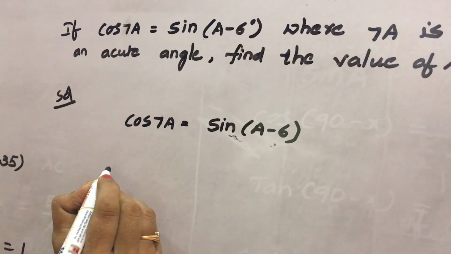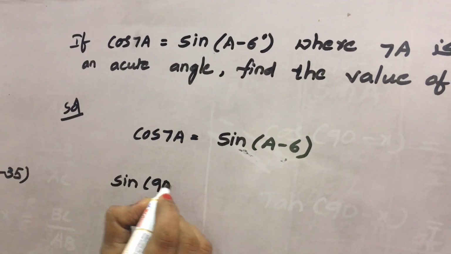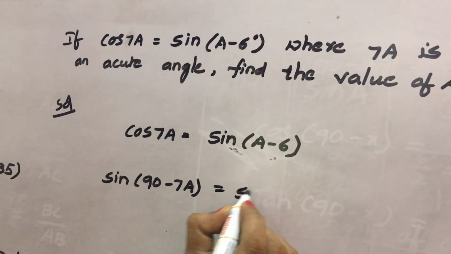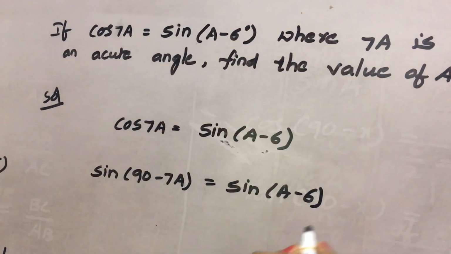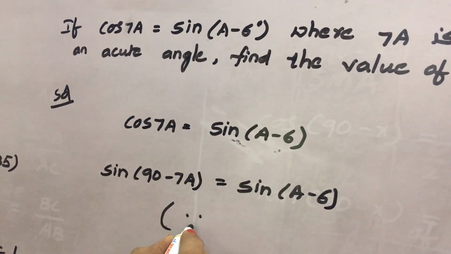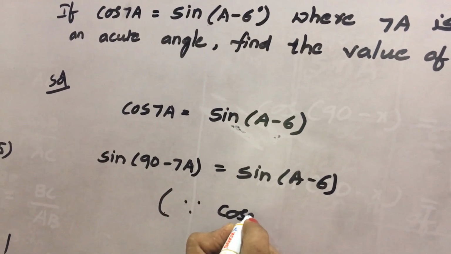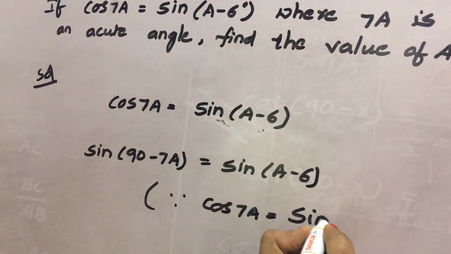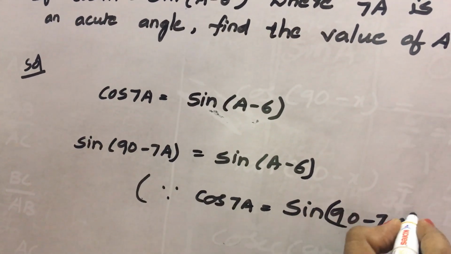We can write this as sin(90 minus 7A), which is equal to, we know, sin(A minus 6). Why are we writing this? Cos 7A is equal to, we know, sin(90 minus 7A).